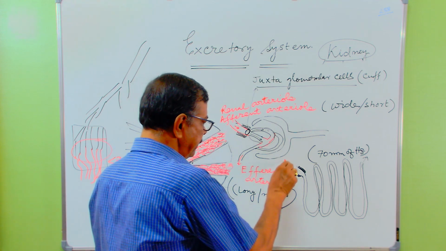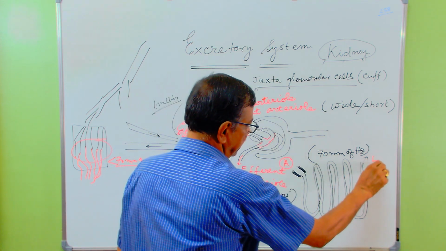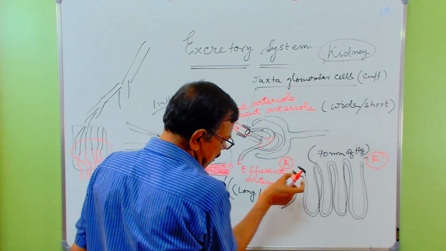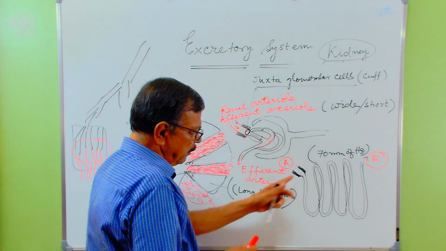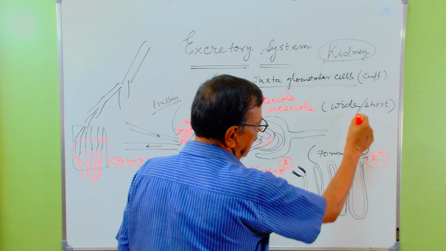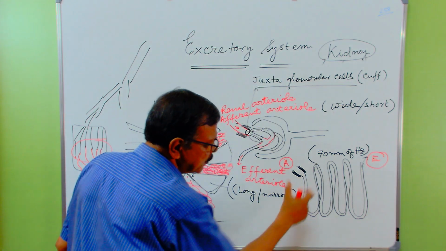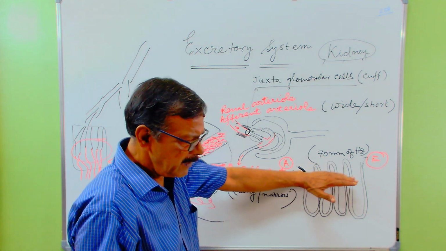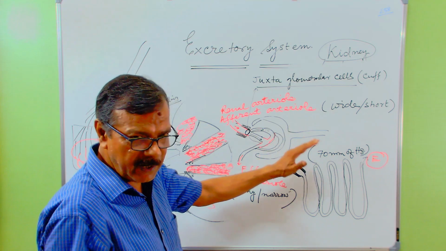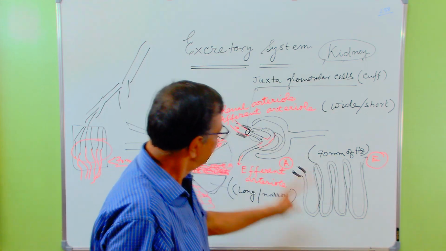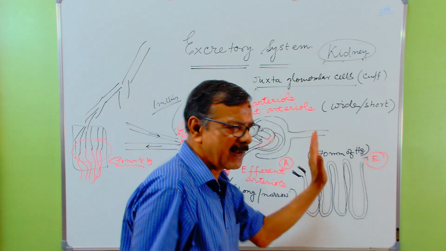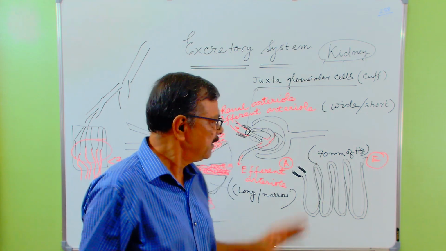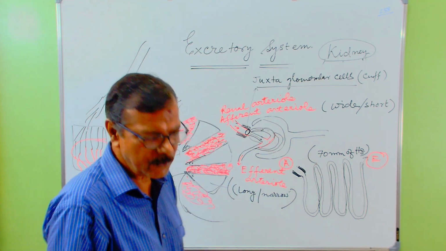This is A, this is E. This arrangement, wide and short, short and wide, is so that it can pump more, and this is narrow so that blood pressure will be there, to enable the waste product or urine to go out of this blood. This is the main filtering unit. It starts from here. We will come to the Bowman's capsule.